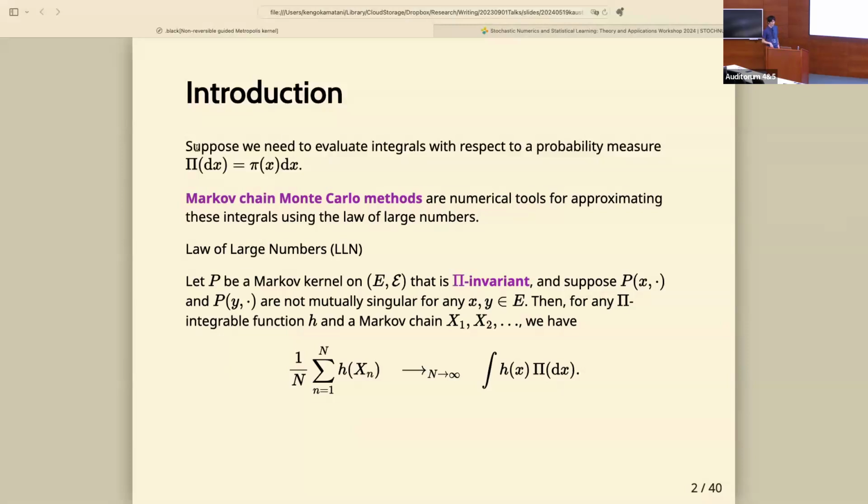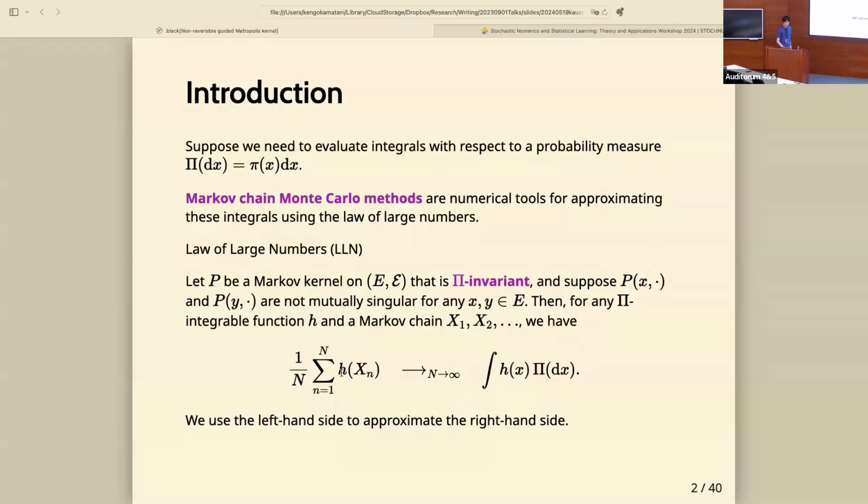So we want to approximate it, and one approximation method is MCMC, which is based on the law of large numbers. I like this form of the law of large numbers. Let E be a state space, and the Markov chain be π-invariant, which I will explain in the next slide. Under this condition, together with a very mild regularity condition, which can actually be even milder, if x1, x2, and so on are from the Markov chain, then there is a law of large numbers.